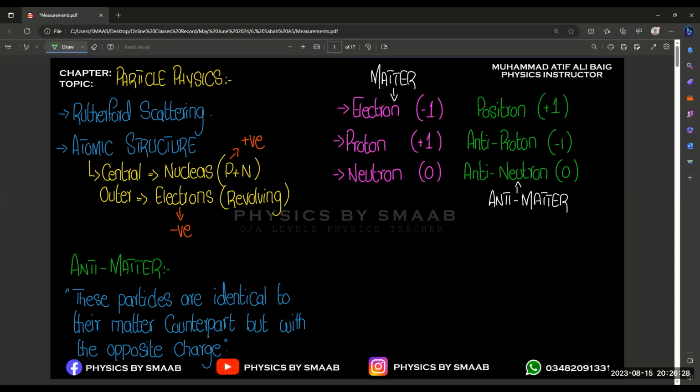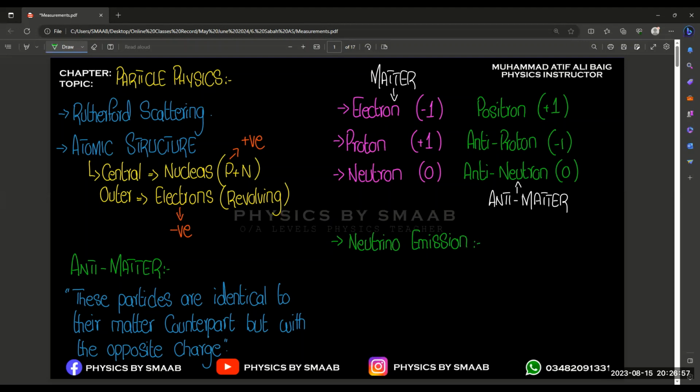So let's continue with some new particles. The first particle that we are going to discuss is known as neutrino emission, because you know that there is also a concept of nuclear fission and nuclear fusion reaction, right?